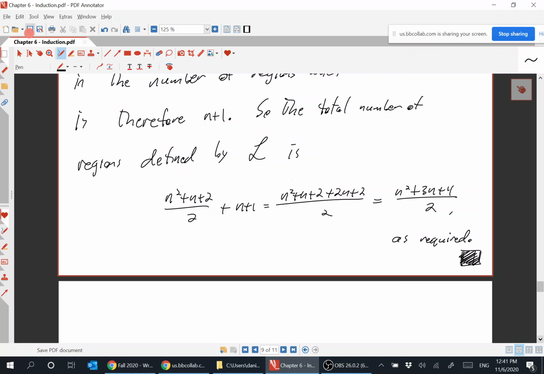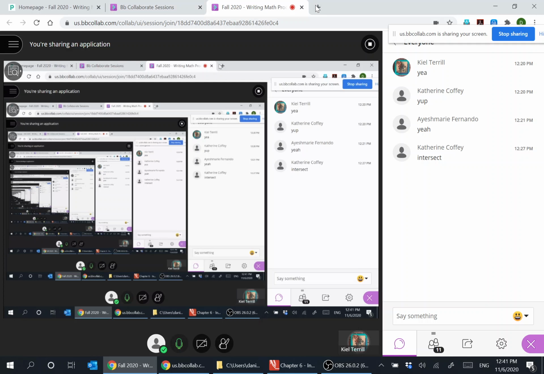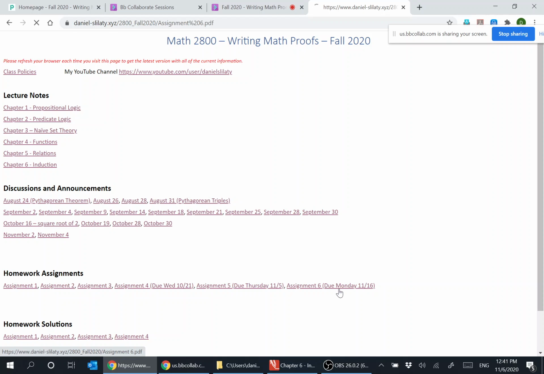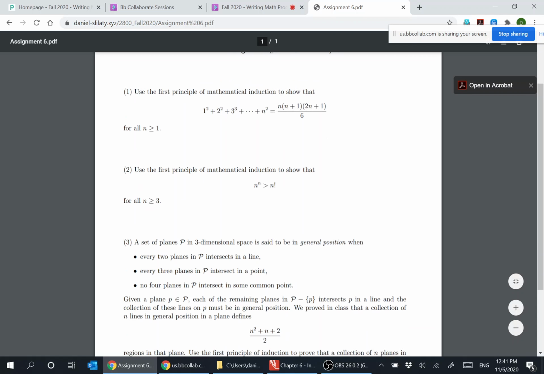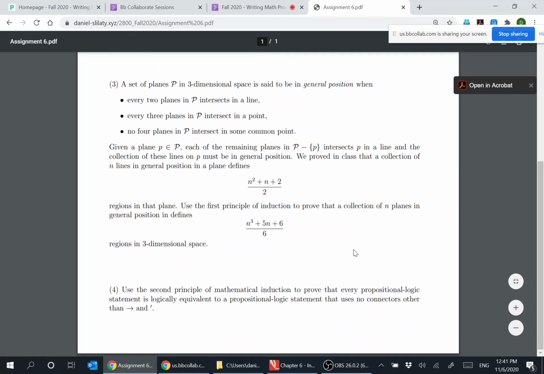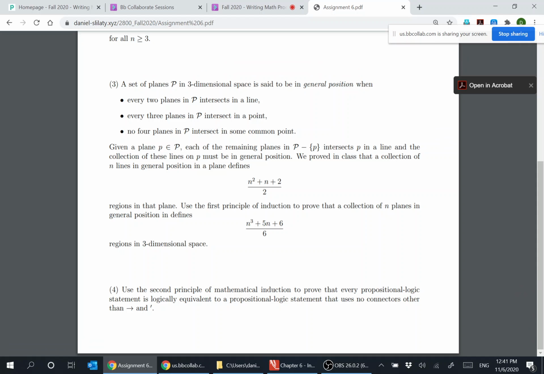So in the homework for this section, chapter, we have number 3. A collection of planes.